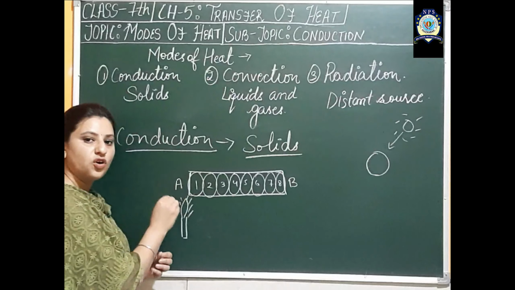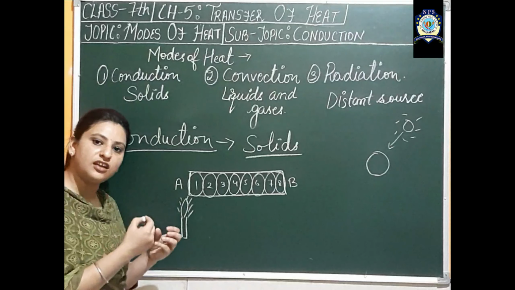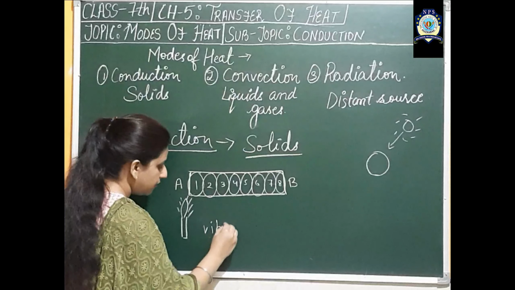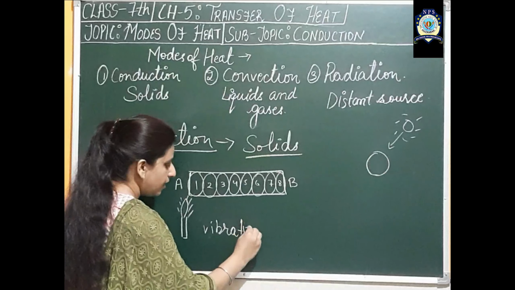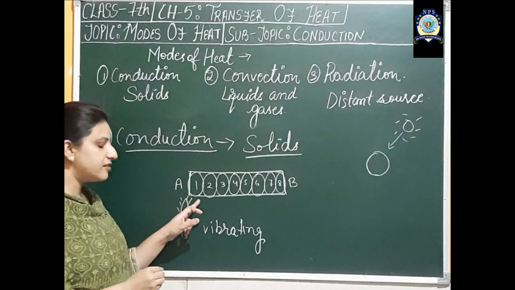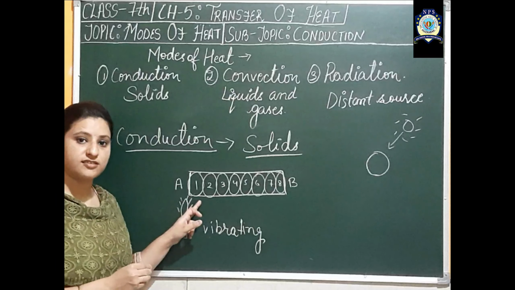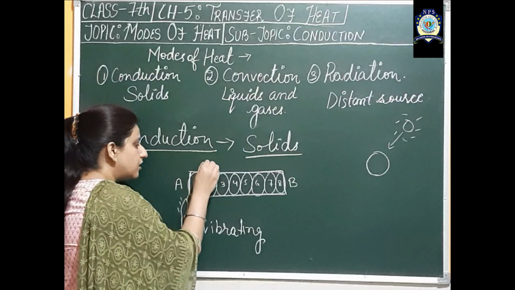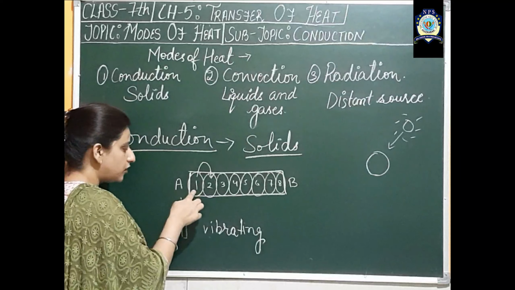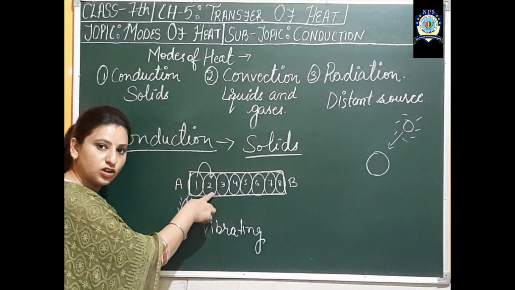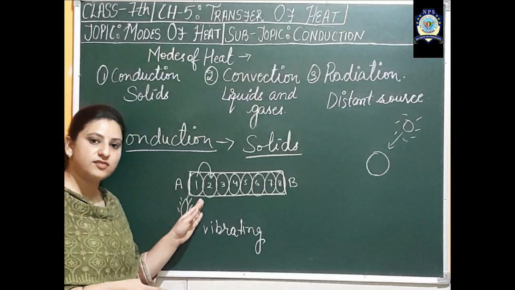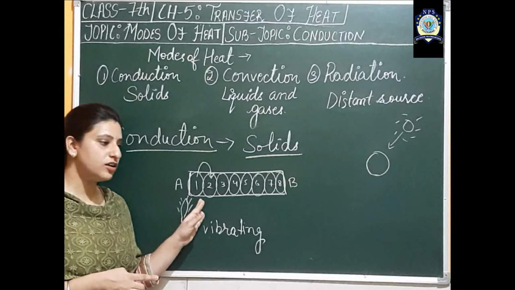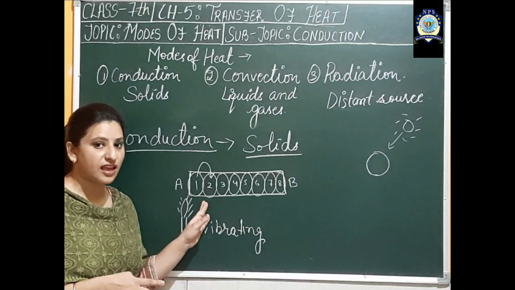As the atoms or molecules gain the energy, they start vibrating. And when they start vibrating, they get excited, and then they transfer the energy from the first molecule to the second molecule. Now in case of solids, atoms can't move. Why can't atoms move? Because solids have definite shape and size.